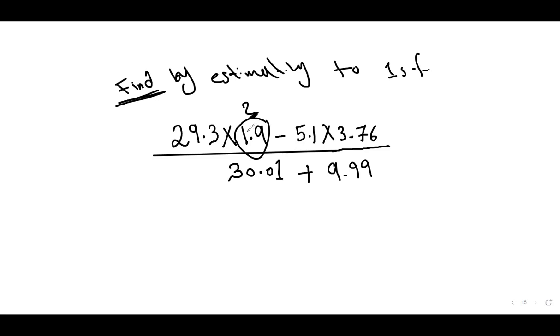Okay. And here also, Khalid, 30.01 and here is not 10. You forgot 10. You forgot 10.